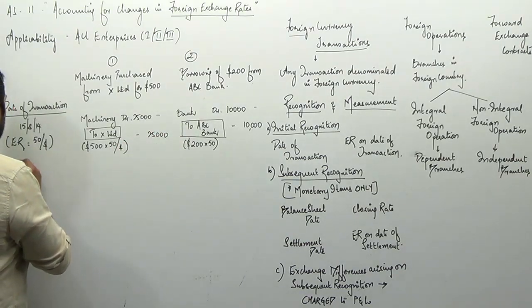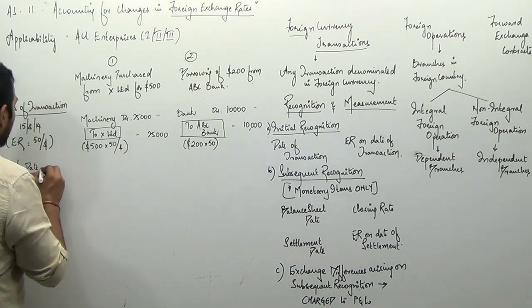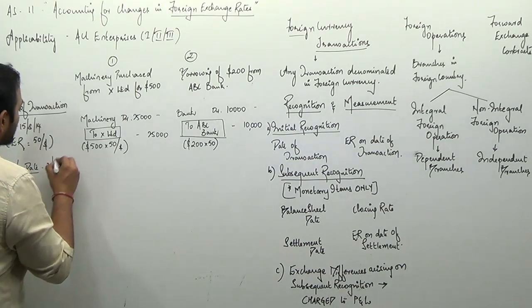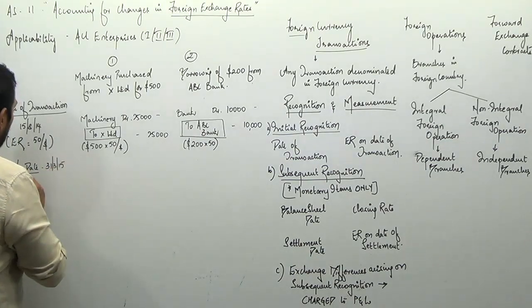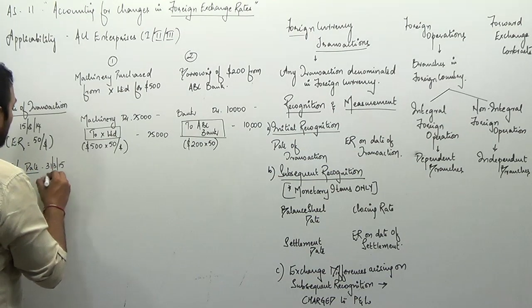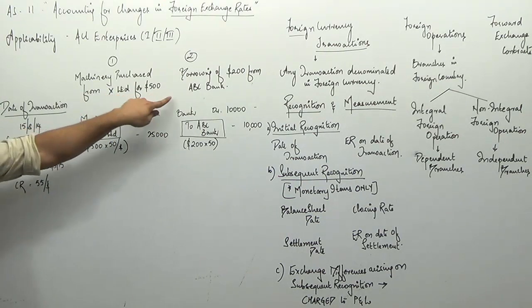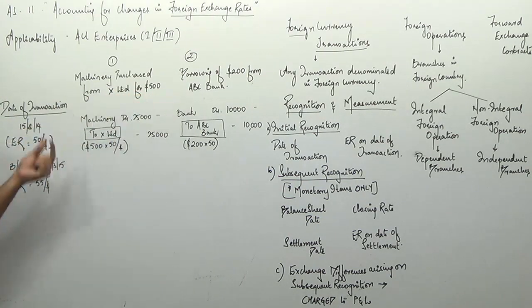Let's say my balance sheet date was 31st March 2015 and my closing rate, the exchange rate on balance sheet date, increased to 55 rupees per dollar. Now what happens? How much should I pay X Limited? $500. Now each dollar should be purchased at what rupees? 55 rupees.